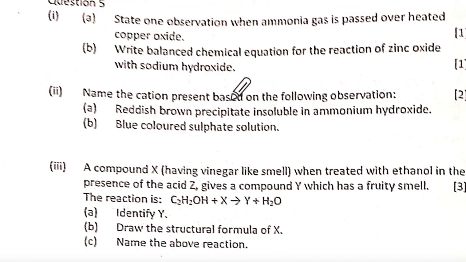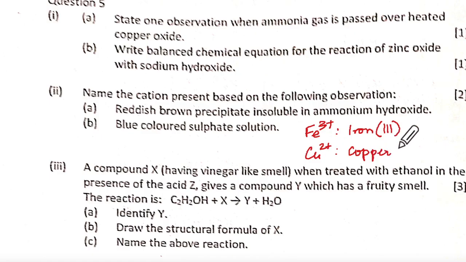Name the cation present. Reddish brown precipitate means it is going to be Fe3+. What will you write over here? Iron 3, correct? Blue colored sulfate solution means Cu2+, so it is copper 2.